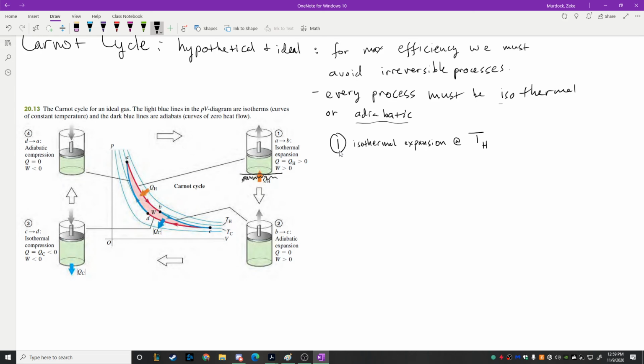Now we're going to go from B to C, so we're actually going to go to a colder temperature. And this is going to be adiabatic expansion. Gas expands adiabatically until the temperature drops to TC.